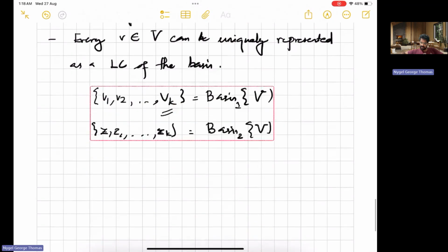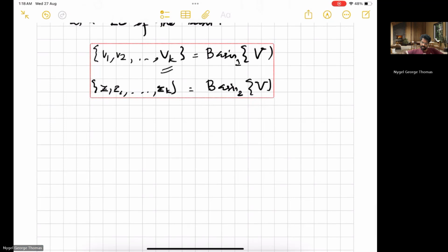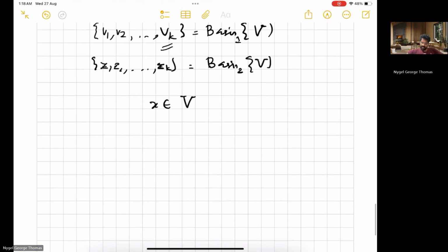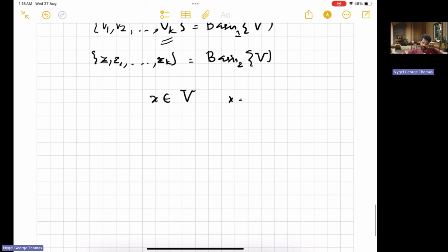What about the representations? What do you mean by that? For example, let's say a vector x belongs to vector space V. x can be expressed as a linear combination of basis 1, as sum of alpha_i v_i.